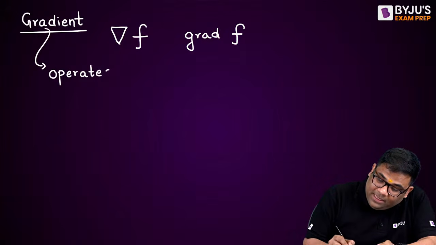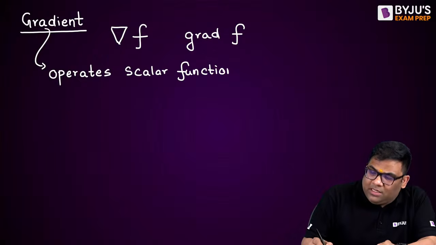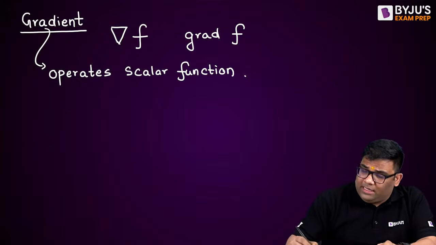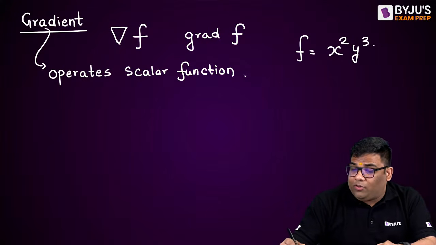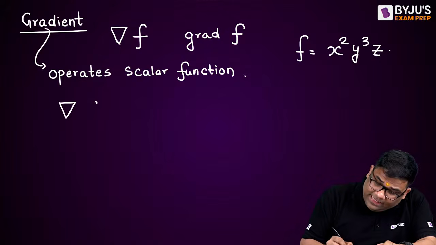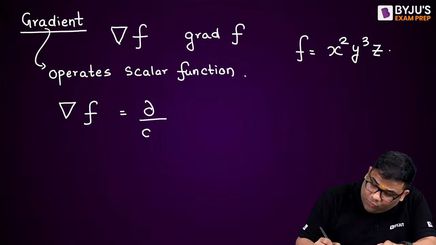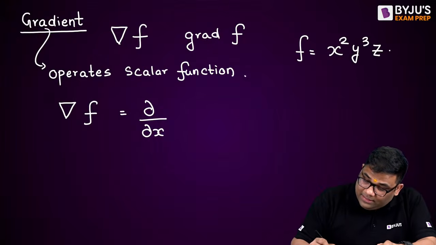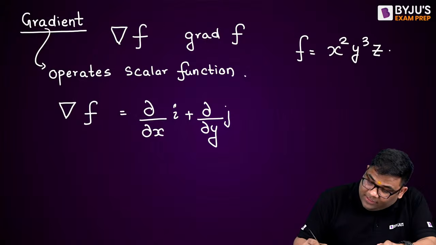So on what will it act? It will act on a scalar function. Suppose I give an example of that scalar function, x cube, x square y cube z. It's a scalar function. Now gradient of f. In place of gradient, I can write del by del x i cap plus del by del y j cap plus del by del z k cap.